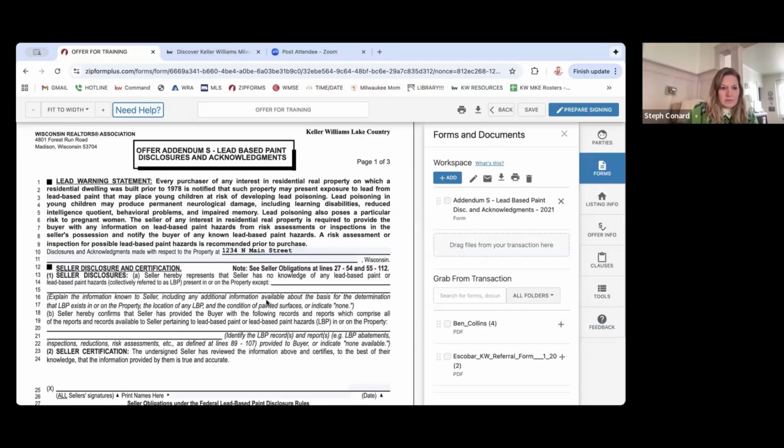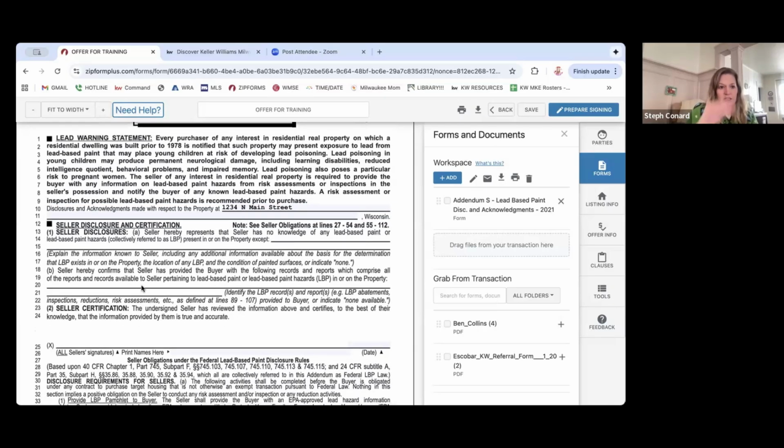And then on the remainder of this first section, the seller is going to disclose any lead-based paint that they have knowledge of. Even with homes built prior to 1978, a seller might not have specific knowledge that lead-based paint is present, because they have not gone out and physically tested their property for it.